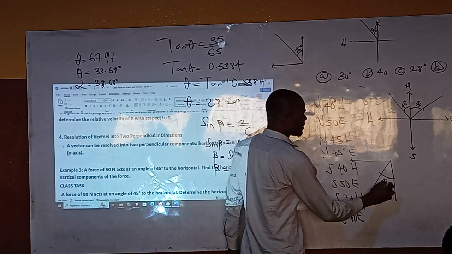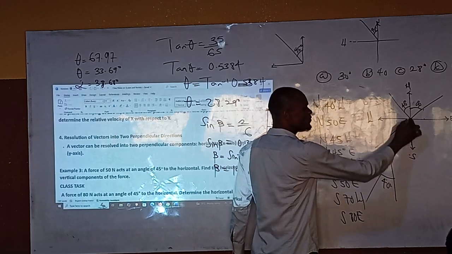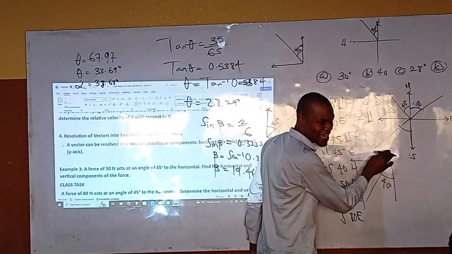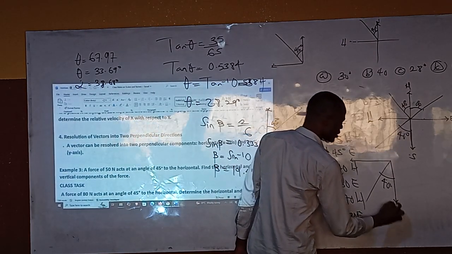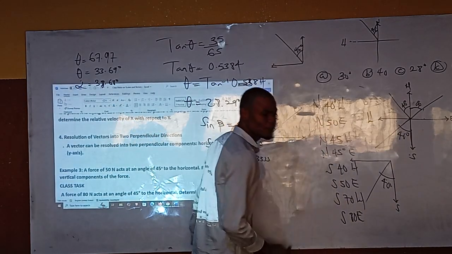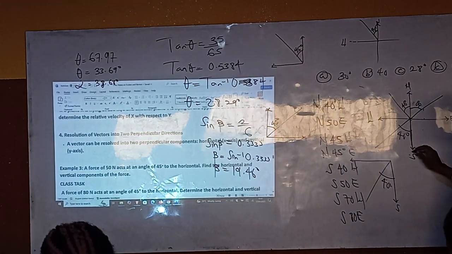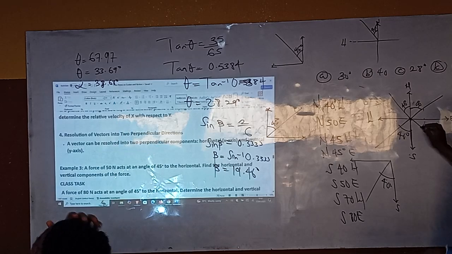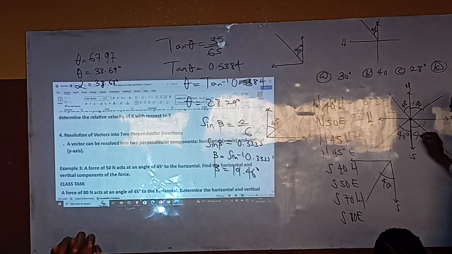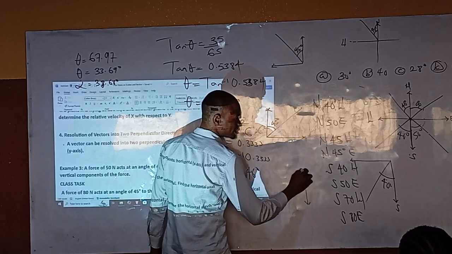South 40 degrees west: measure the angle from this vertical, not from this horizontal line. What does south 50 degrees east mean? I put my angle here, 50 degrees. So this is south 50 degrees east, right?